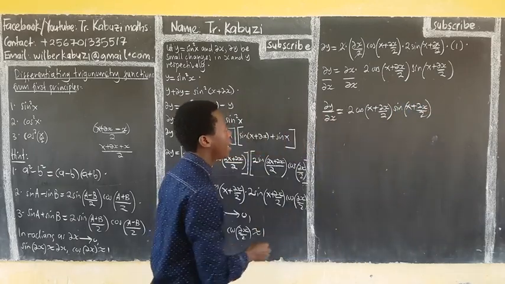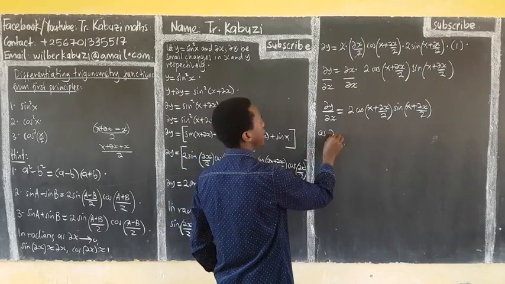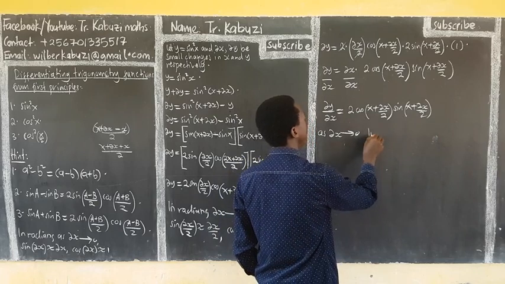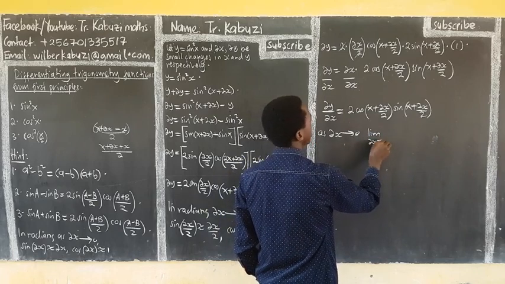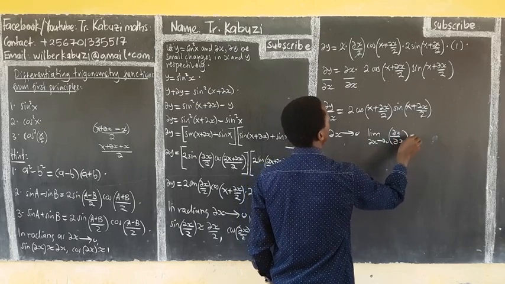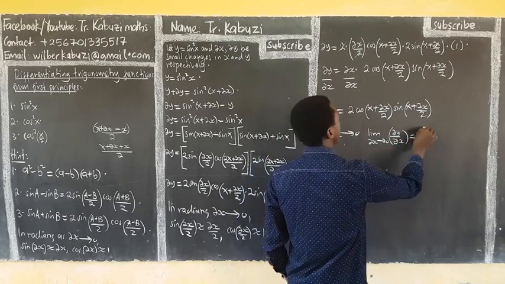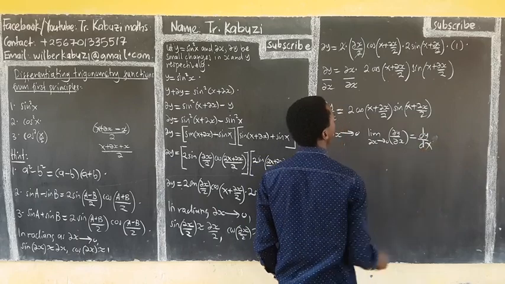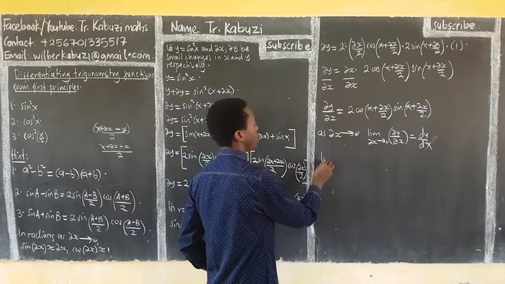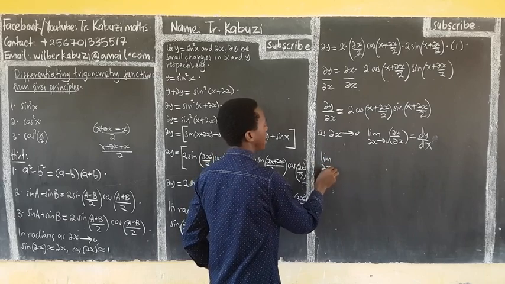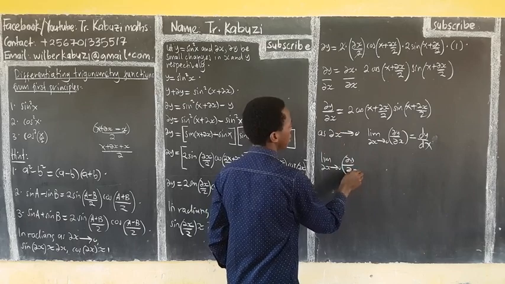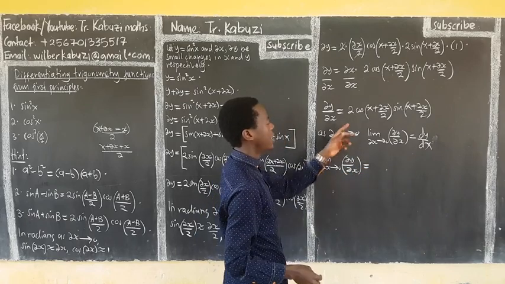So here we say in radians as delta x tends to 0, then the limit as delta x tends to 0 will be equal to a full derivative. So we introduce the limit as delta x tends to 0 at this side. We also introduce it at this side.